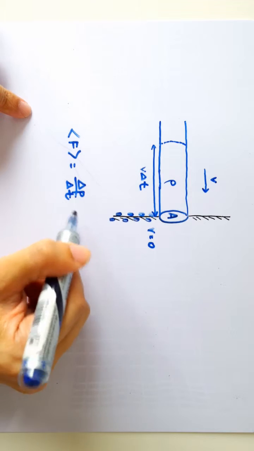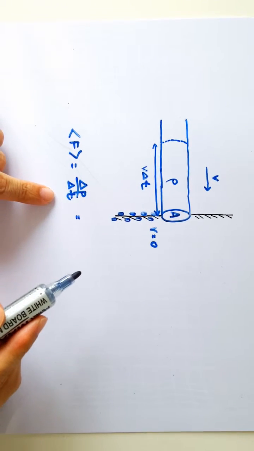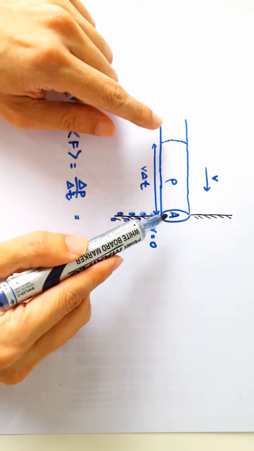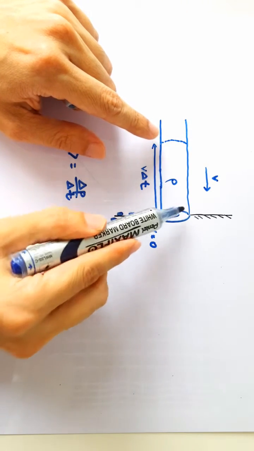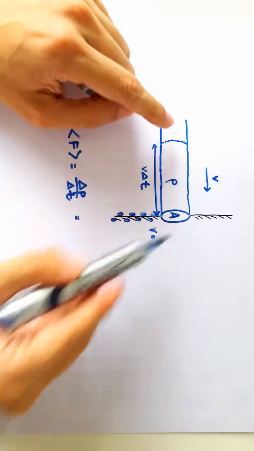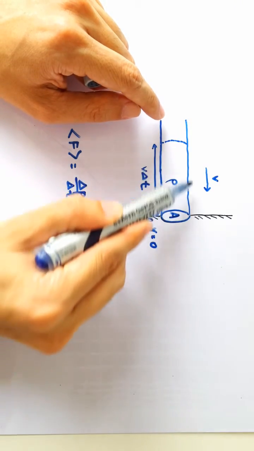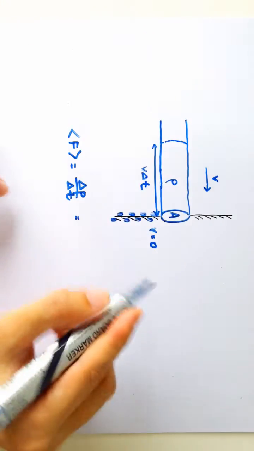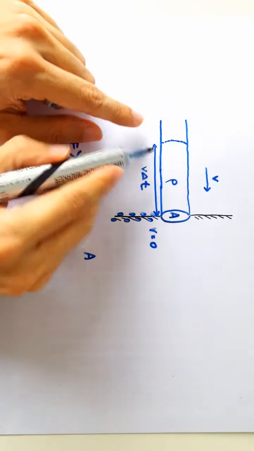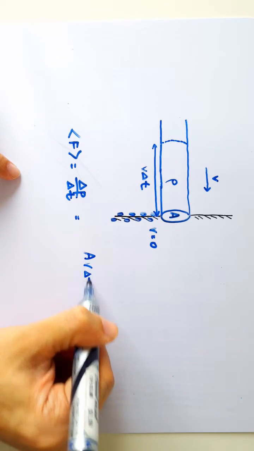Alright, so let's try to make use of that information in this equation here. The change in momentum occurs for this amount of water. So the volume of this cylindrical volume of water here would be the cross-sectional area multiplied by the length of the cylinder, which is v delta t.